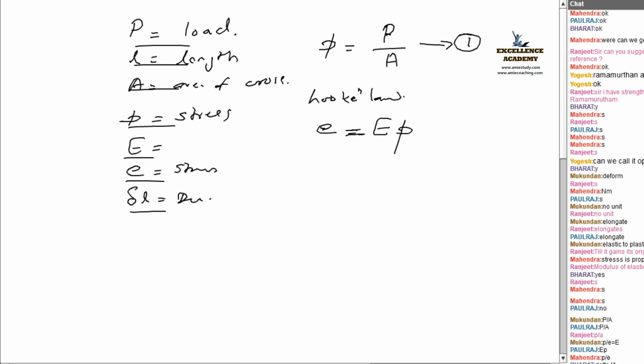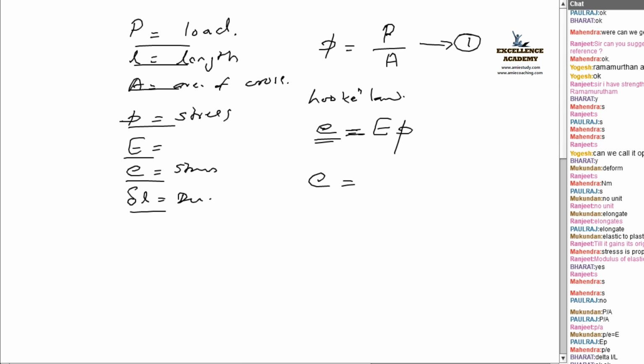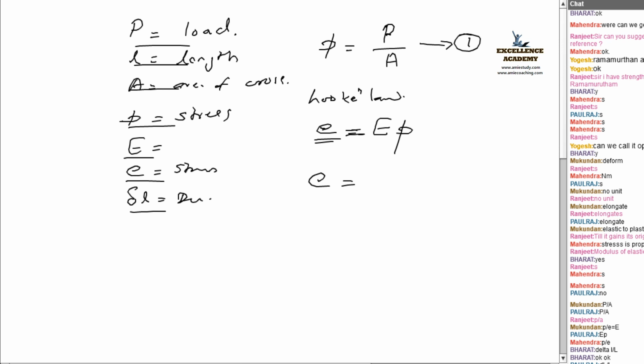Agreed? Then what will be the definition for strain? Bharat, my first question is, what is the definition of strain with respect to Hooke's law? That is, stress by strain is equal to a constant called E. But now the question is not like that. That is your answer, and it is right.